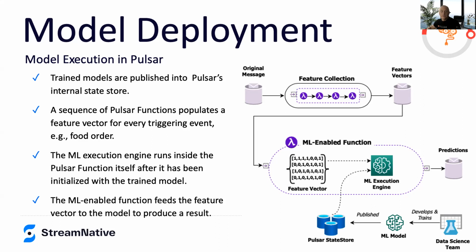And so it's consuming only feature vectors, which you can immediately feed into the machine learning execution engine, and the output will be the prediction, in this case the delivery time estimate, which will then be available to be distributed across the system and displayed to the customer, and used to track that performance.